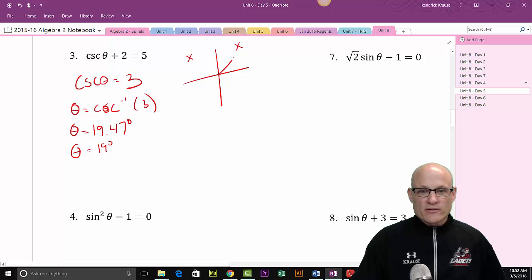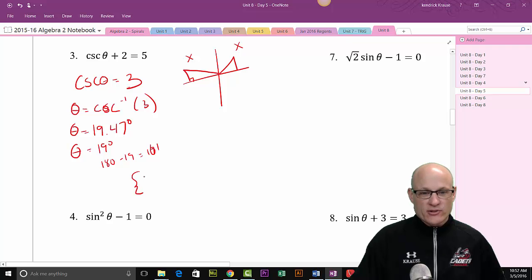So in the first quadrant, it's just 19, but in the second quadrant, I've got to do 180 minus 19 degrees. So that would be 161 degrees.